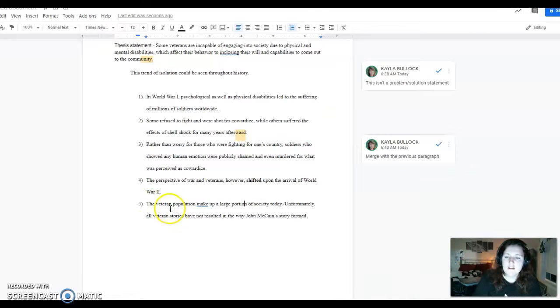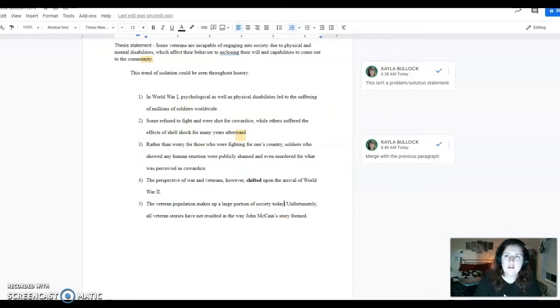So let's look at this and see if it matches well. The veteran population makes up a large portion of our society today. And then the next sentence says, unfortunately, all veteran stories have not resulted in the way John McCain's story was formed. You can see by putting them right next to each other that they're not related.